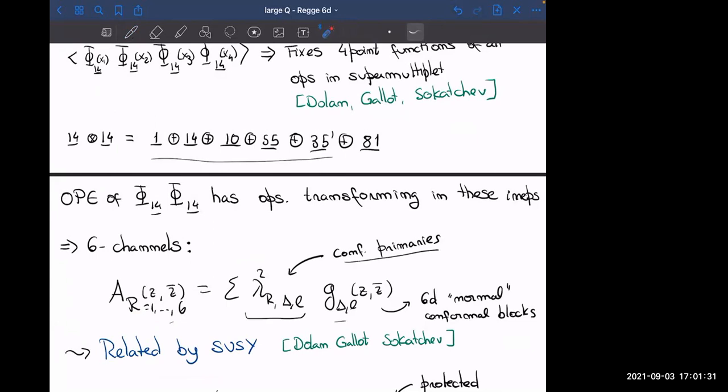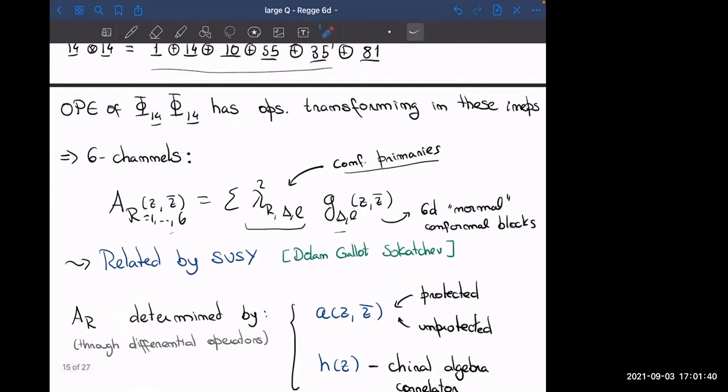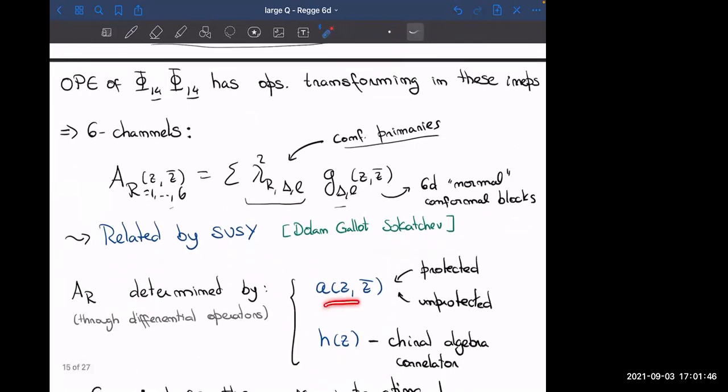So this was done by Dolan, Gallot, and Sokatchev. And they worked out all the constraints of supersymmetry. And they determined that all these 6 functions are fixed just by 2 functions: one function of the 2 cross ratios, z and z bar, and one function of just one variable.